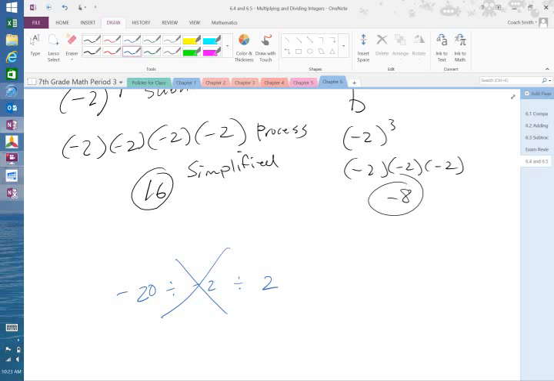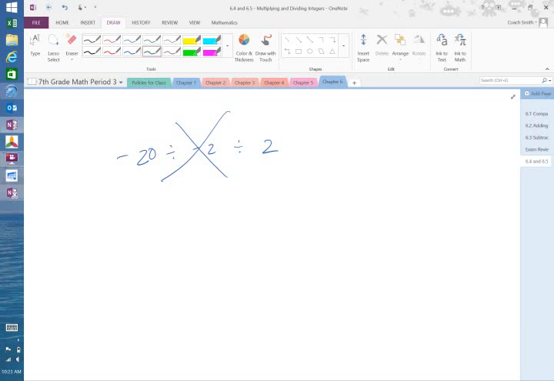Now, understand the other thing is this. If I had negative 10 times 3 times negative 5, and I wanted to make this simpler on me, remember, we can use the commutative property of multiplication. It says I can rearrange the factors in the problem and still get the same answer.